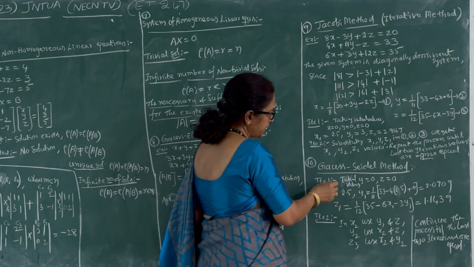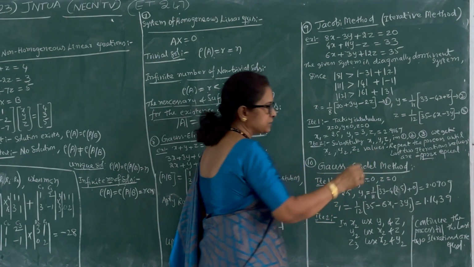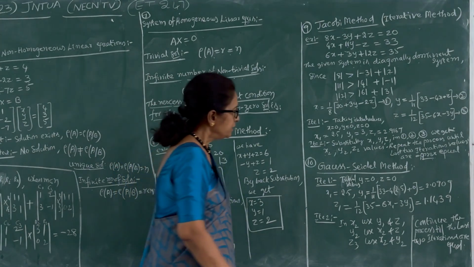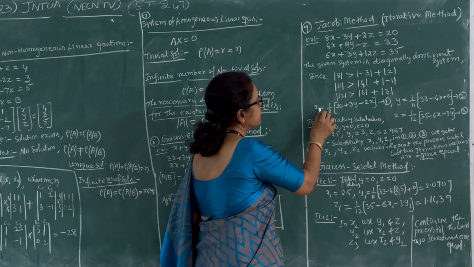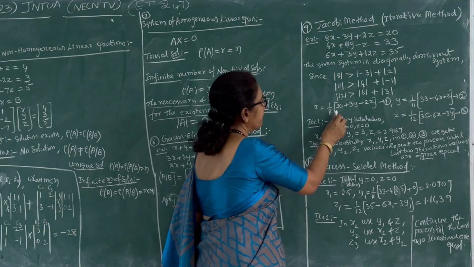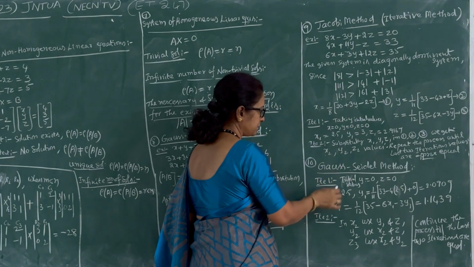So, in the first iteration, we are taking initial values y equal to 0 and z equal to 0. Using these two values, we are finding this x1 value in the first iteration. If you put y equal to 0, z equal to 0, you will get x1 here.